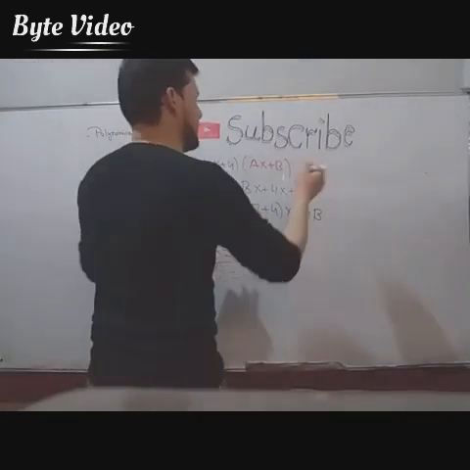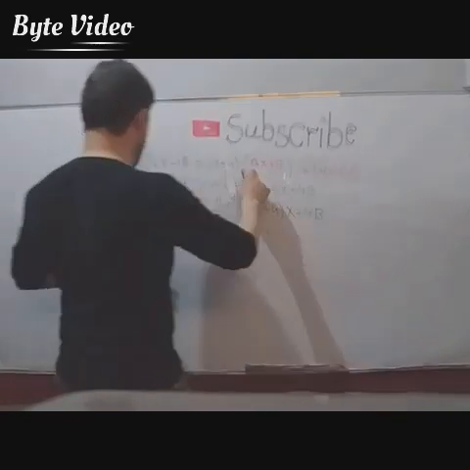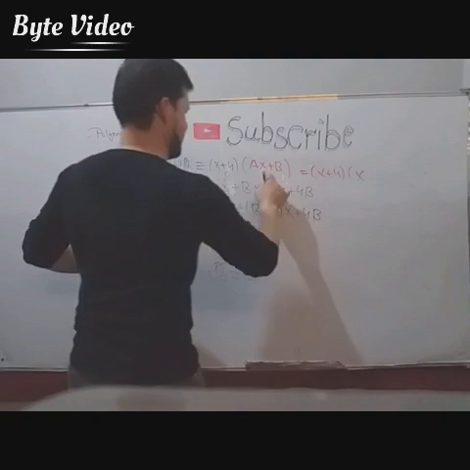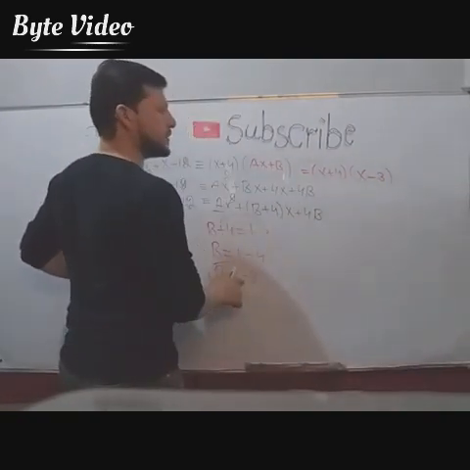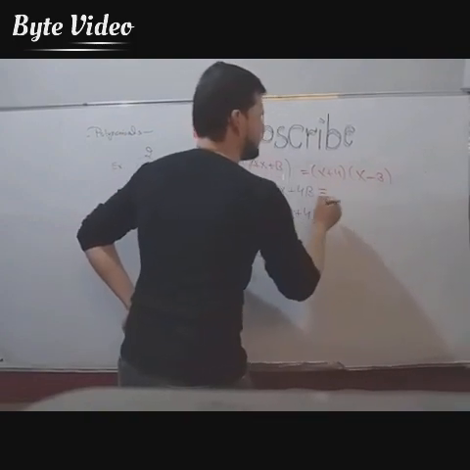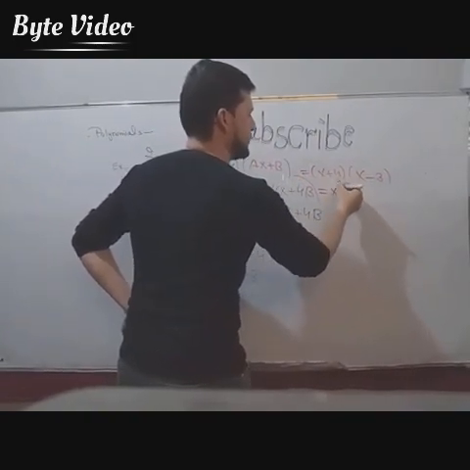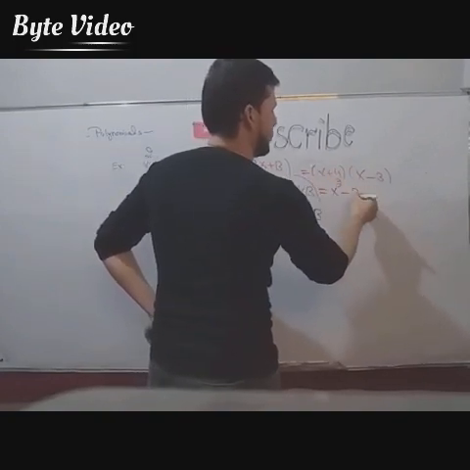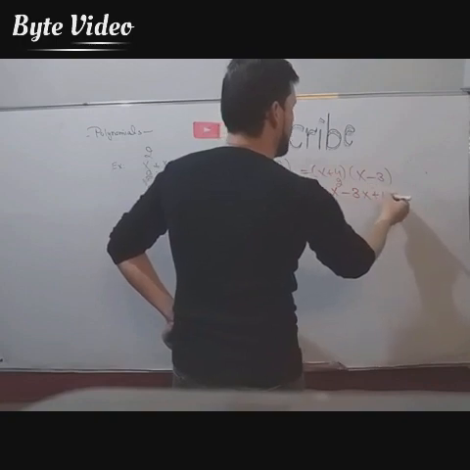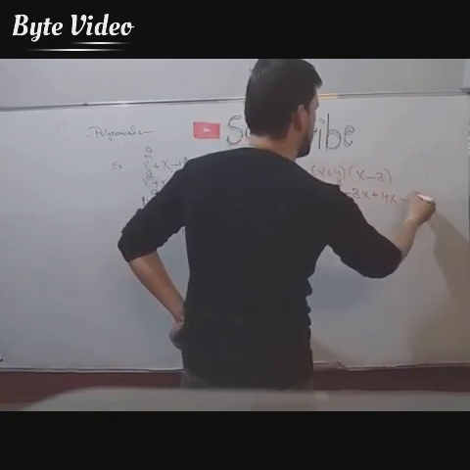I'm going to write this as x plus 4 multiplied by, instead of a, 1x, and instead of b, negative 3. Why negative 3? Because positive times negative is negative. If you multiply this, x multiplied by x is x squared, positive times negative is negative, x multiplied by 3 is 3x, positive 4x, and positive times negative is negative, 4 multiplied by 3 is 12.